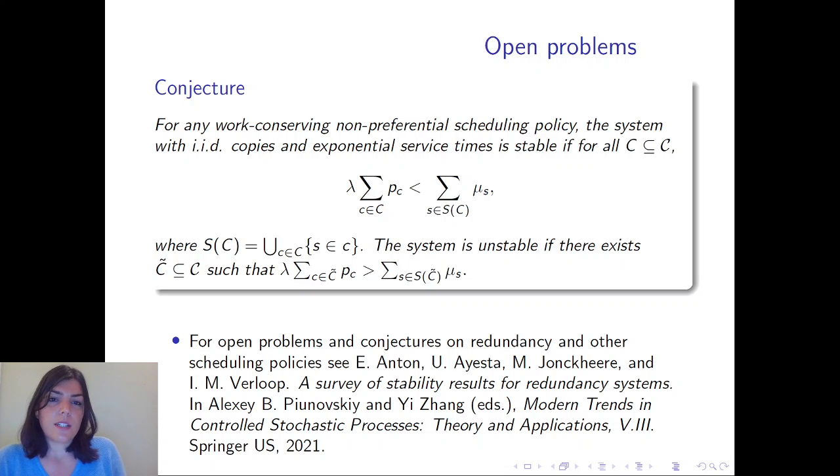We have that for any work conserving policy with non-preferential scheduling policy, including processor sharing, the system under these conditions, so IID copies and exponentially distributed service time, is stable if for all subsets of job types, the arrival rate to this subset is smaller than the sum of the capacities that can serve these job types. We know that this stability condition is the maximum stability condition that one can obtain under exponentially distributed service time.